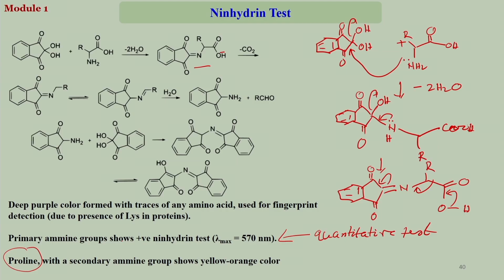That means if you measure the absorbance of the ninhydrin solution before the start of the test and after the completion of the test, then you will see a new peak in the UV region appearing at around 570 nanometer. That depends sometimes on the other stuff that surrounds it.